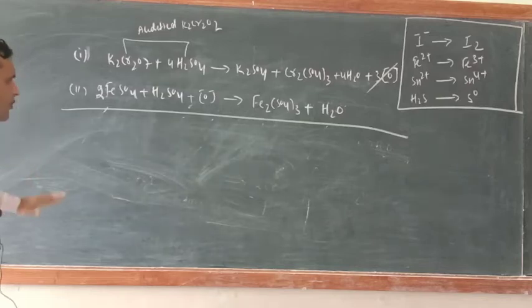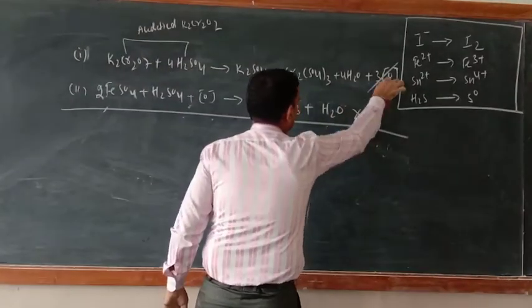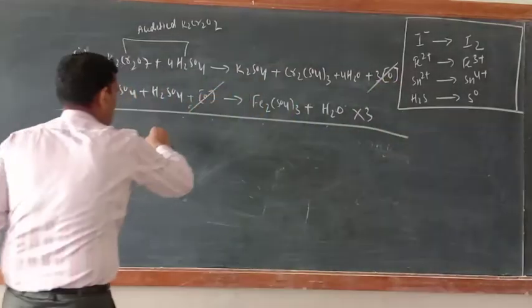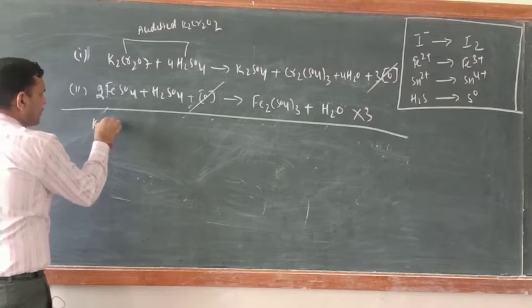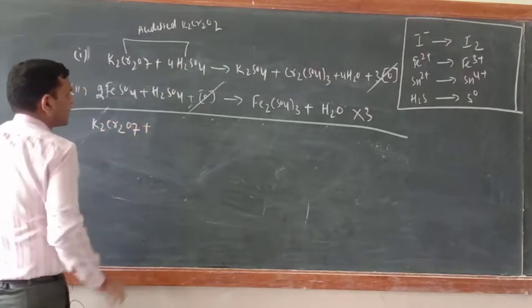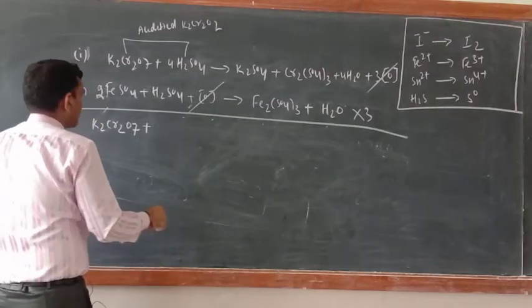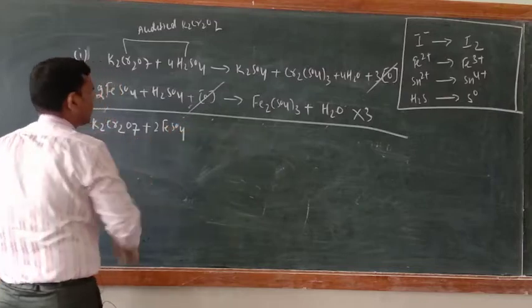Okay, now add both reactions. Here you have to multiply with 3 because you have to cancel out this oxygen. So this oxygen is cancelled out. Now what is the product here? K2Cr2O7 plus 2 FeSO4.